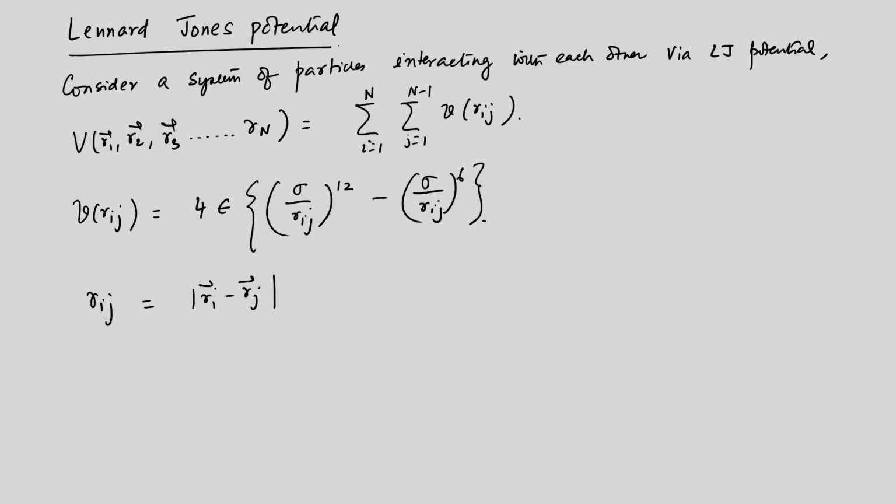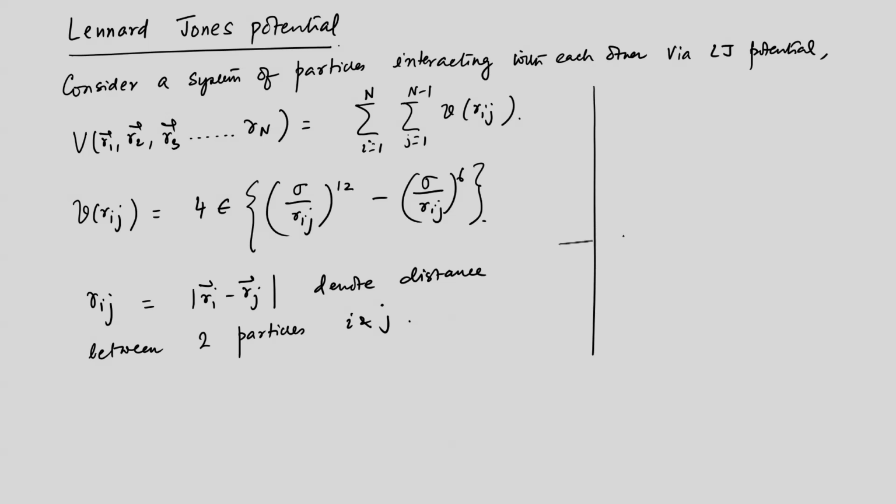It only depends on the distance and not individually on Ri and Rj, and so they denote the distance or magnitude of the distance between i and j, and so if you actually plot this, it takes a form more like this.